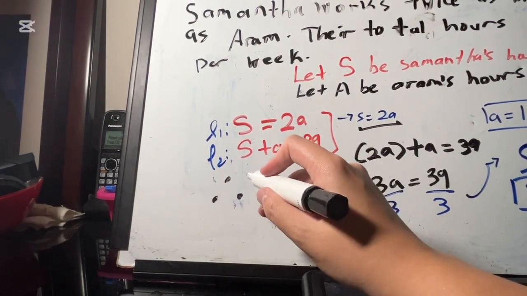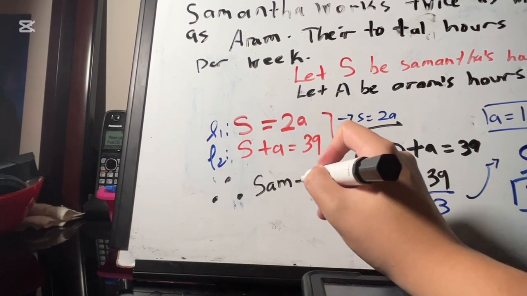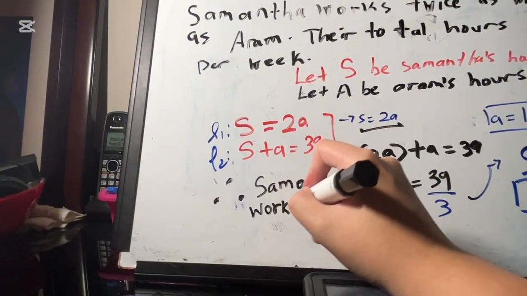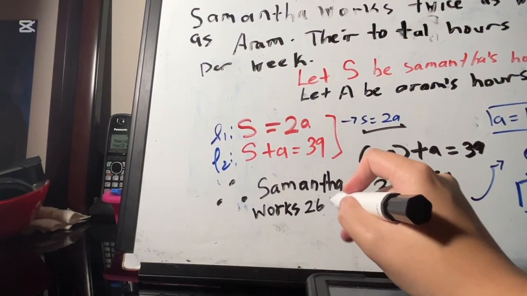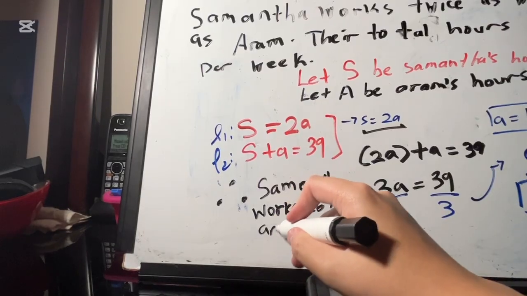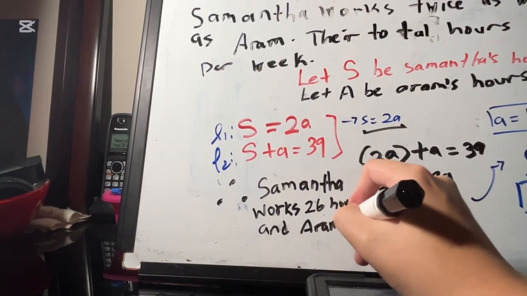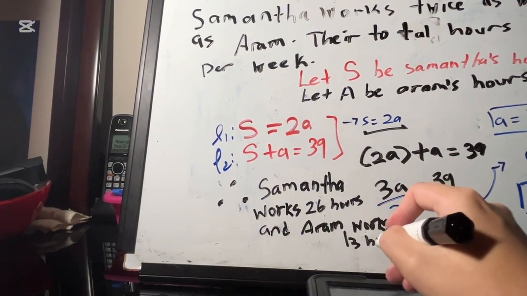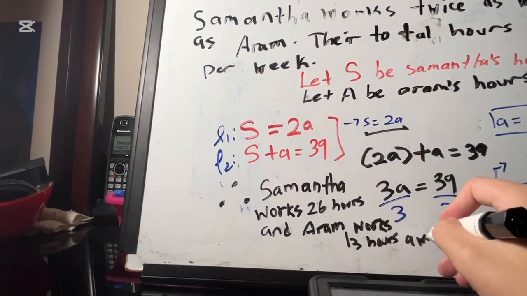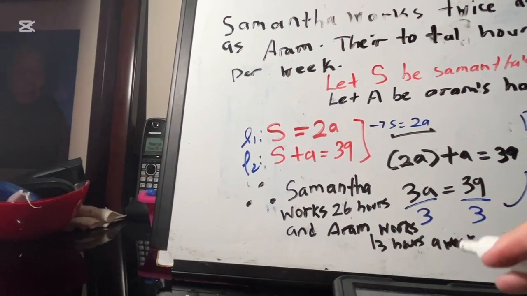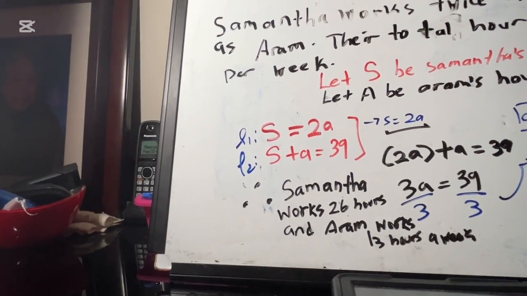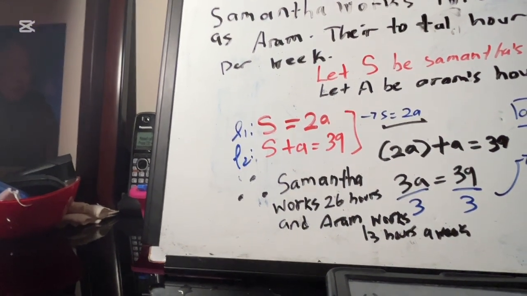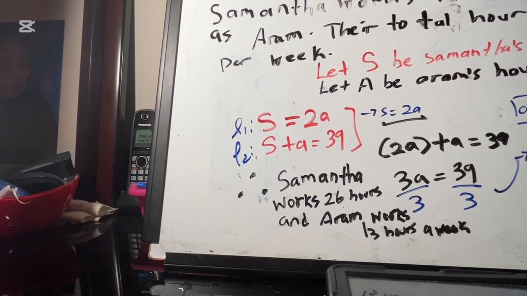Therefore, this is a therefore sign, Samantha works 26 hours and Aram works 13 hours a week. That is how you'd write your therefore statement. And if you did all of this, then essentially you've gotten 10 out of 10 marks and finished the equation.